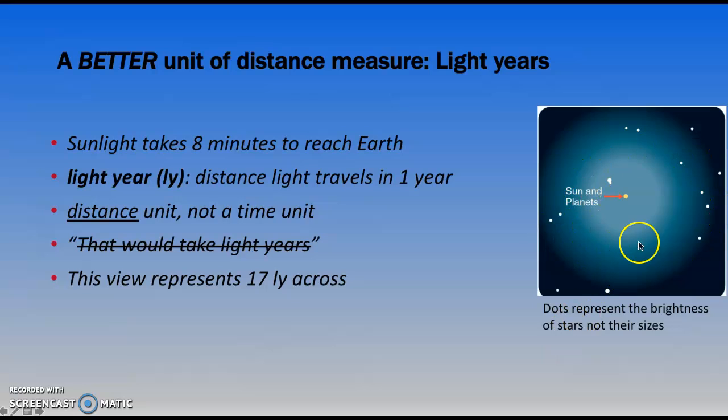This area that you see here is approximately 17 light years across. So it takes 17 years for light that is way beyond our solar system and out towards some of the much bigger galaxies to move over in this view, 17 light years.